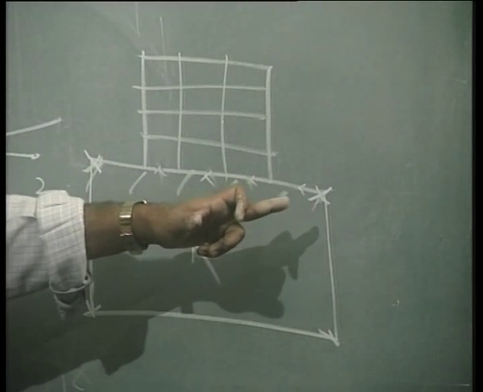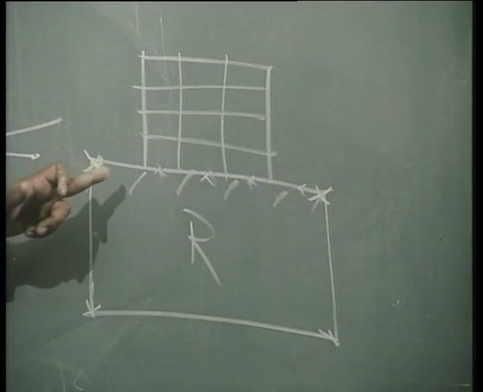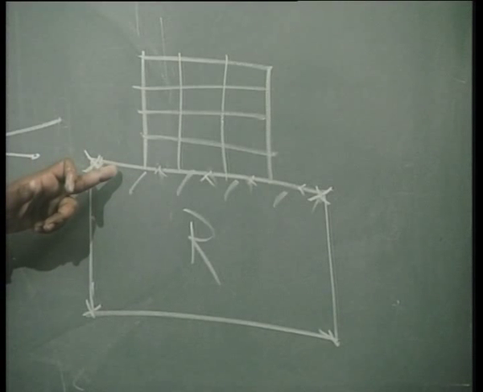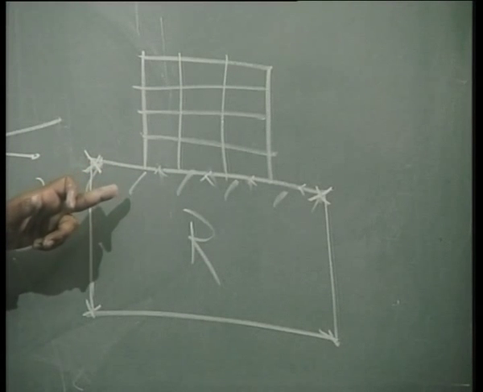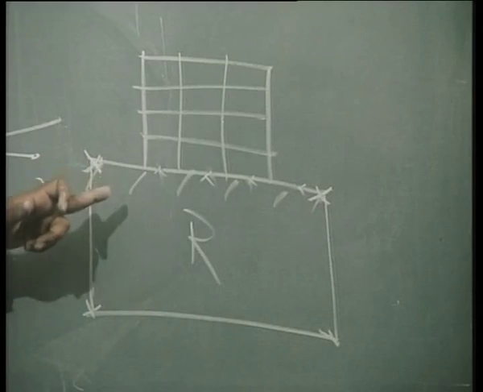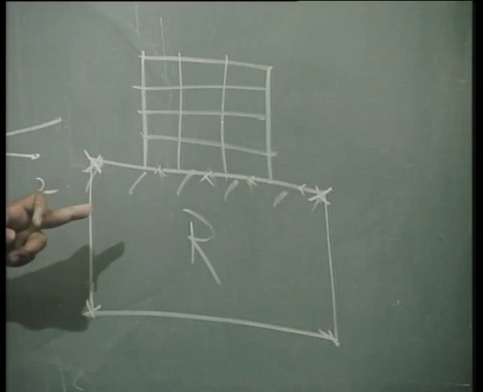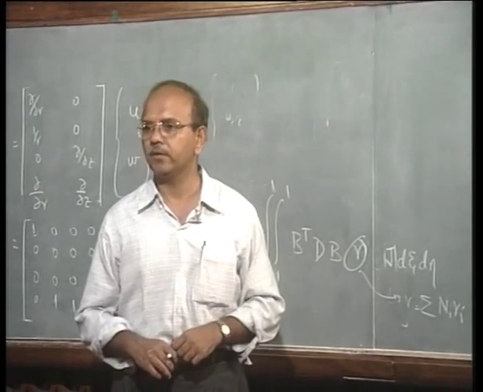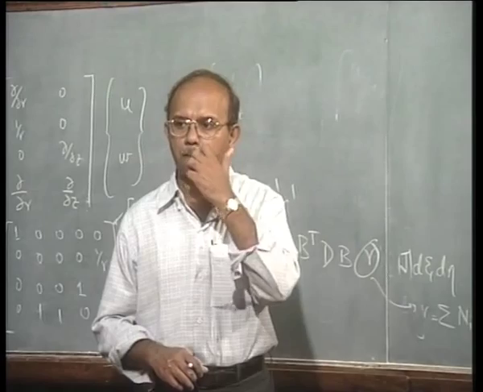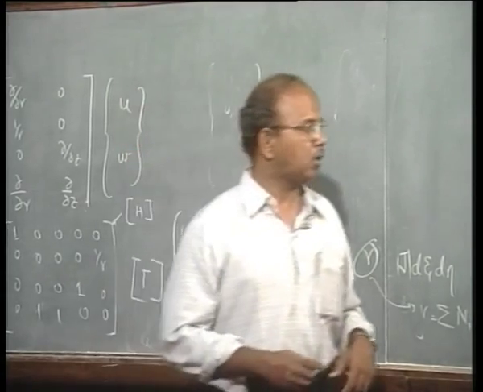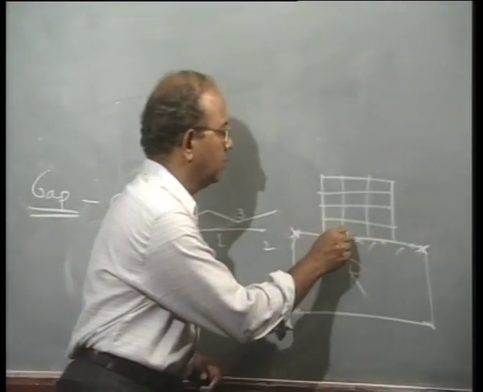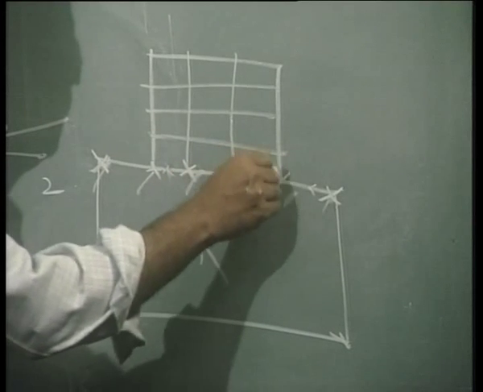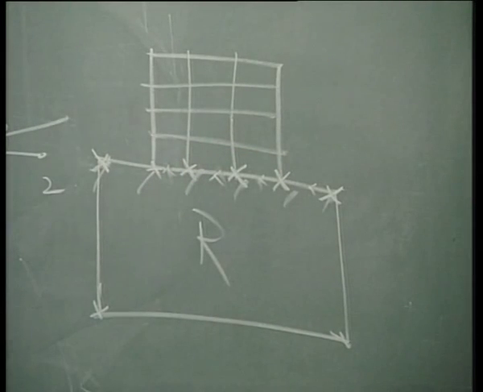The master nodes define a surface, in this case a line because it is 2D, into which a slave node cannot penetrate. What are the slave nodes? All the nodes sitting here are the slave nodes.